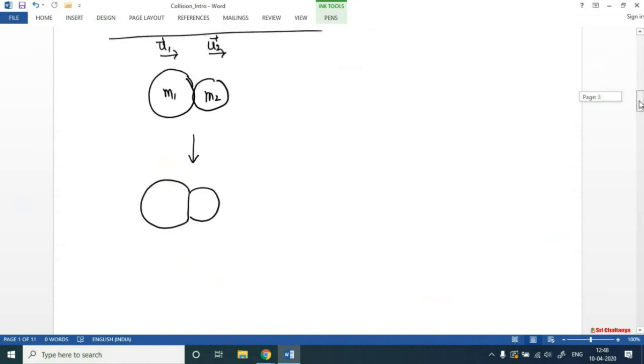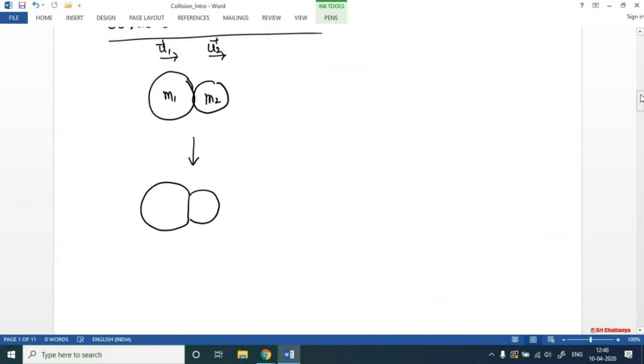Deformation means that some fraction of the kinetic energy of the bodies will be converted into the deformation energy, or you can say elastic potential energy. So from here to here, kinetic energy will be converting into elastic potential energy.